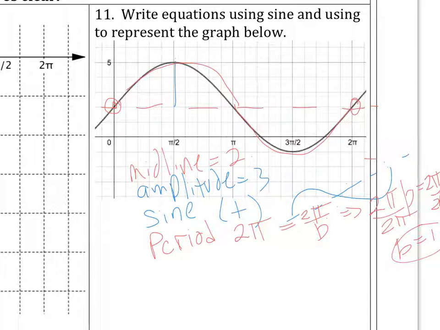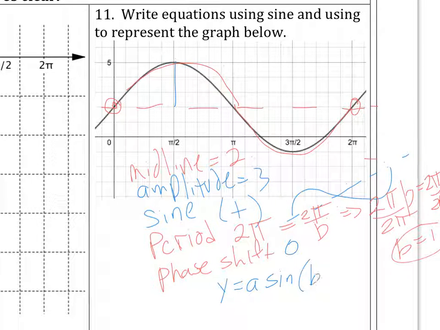And now we've got to think about our phase shift. In looking at this, we're starting at 0. That's the normal starting place for sine. My phase shift is going to be 0. Setting up my equation, we know we're using y is equal to a sine the quantity b times the quantity x minus c plus d.